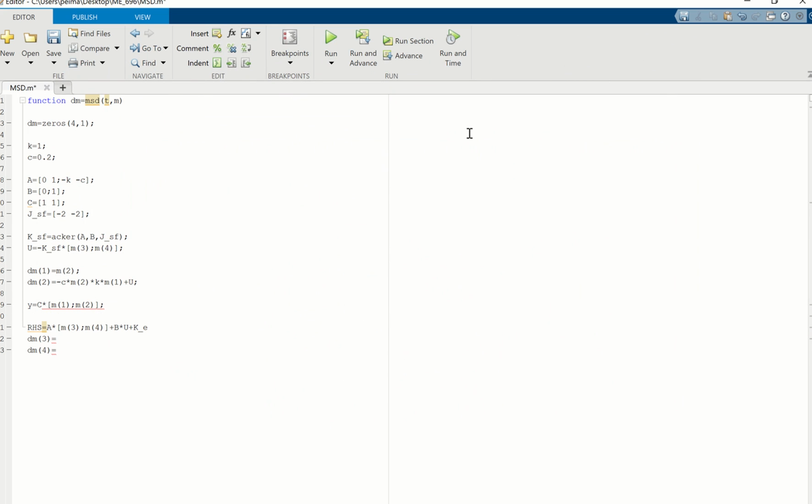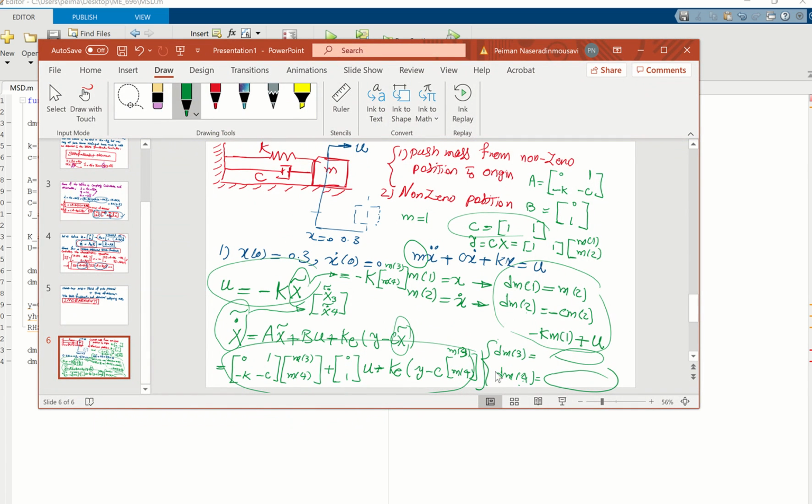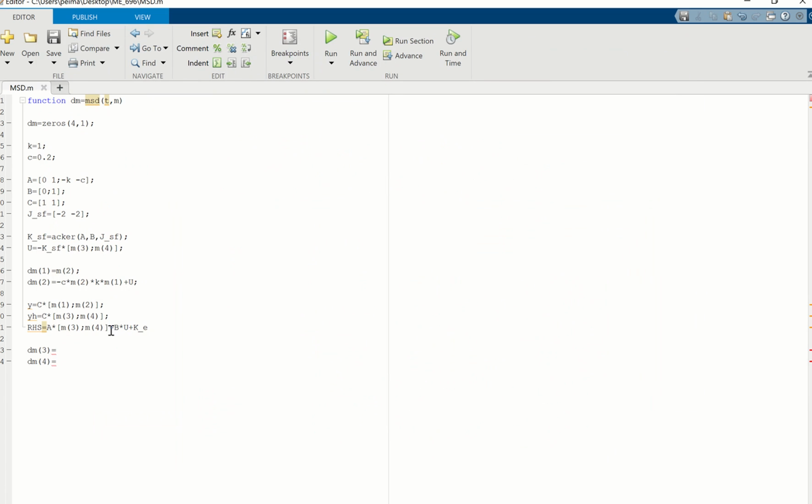And now Y hat is the same but for estimated, M3 and M4. See the difference? Now again, KE multiplied by Y minus Y hat. This is your right hand side.